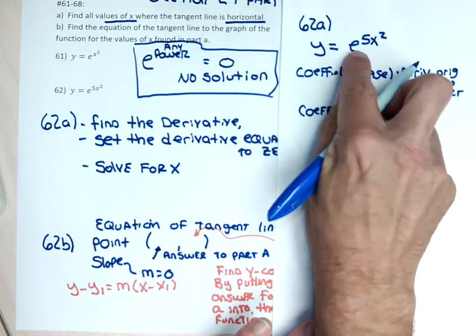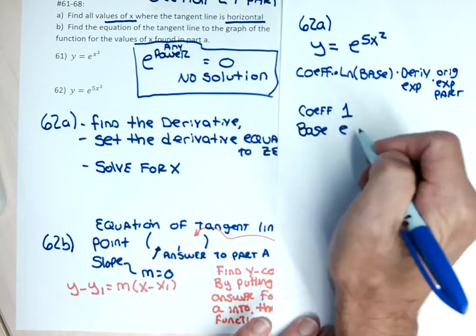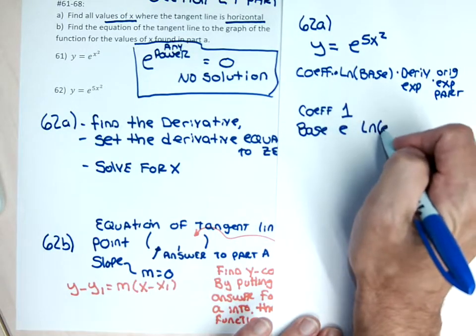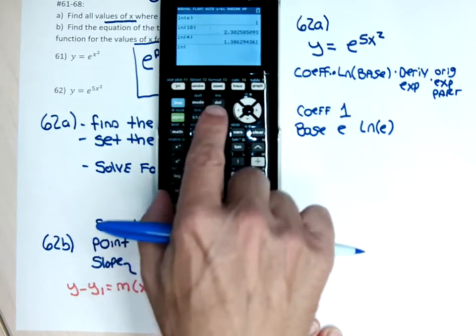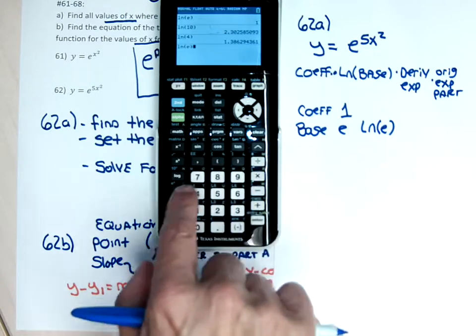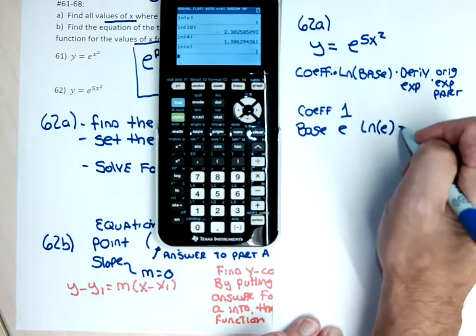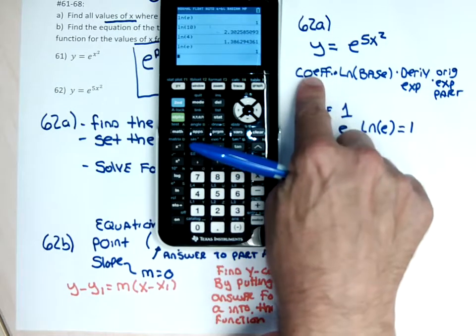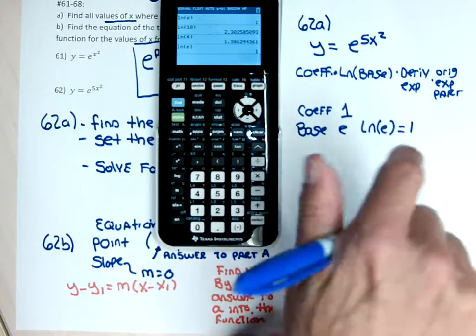The base is e, and eventually I need to do the natural log of the base. The natural log of e is already on my calculator: I just type the ln button, then second and divide, and the natural log of e is 1. So the coefficient is 1, and the natural log of the base is the natural log of e, because e is the base, which is equal to 1.